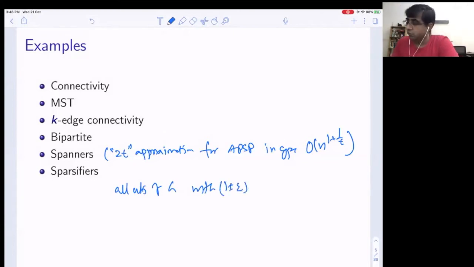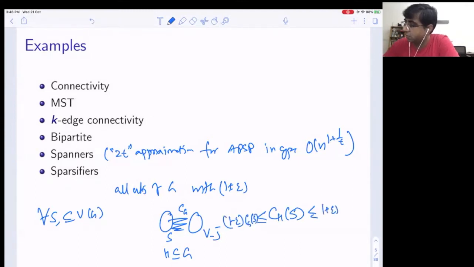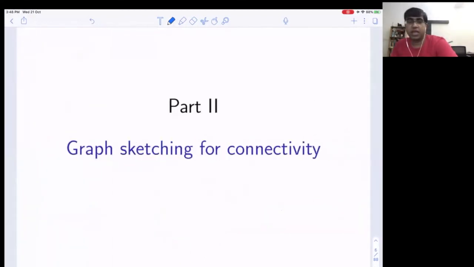So for all S subset of V, if you look at S and V minus S and at this cut, C_G, the capacity of the cut in G, then we were able to show that we can find a weighted subgraph H of G such that C_H(S) is at least (1 minus epsilon) times C_G(S) and at most (1 plus epsilon) times C_G(S). Today we will change and do graph sketching for connectivity purposes.